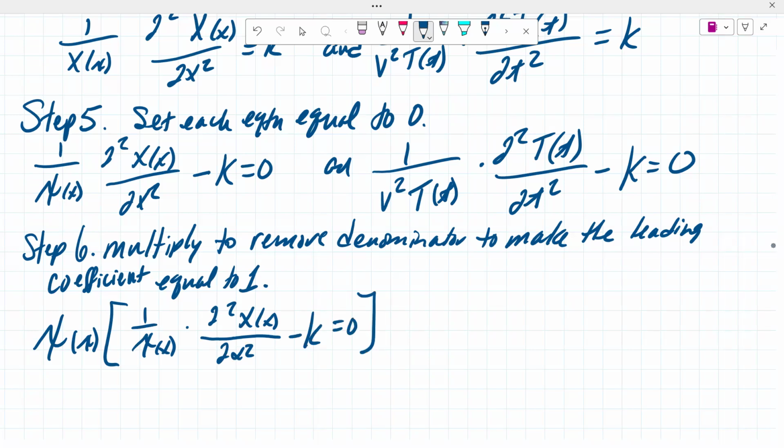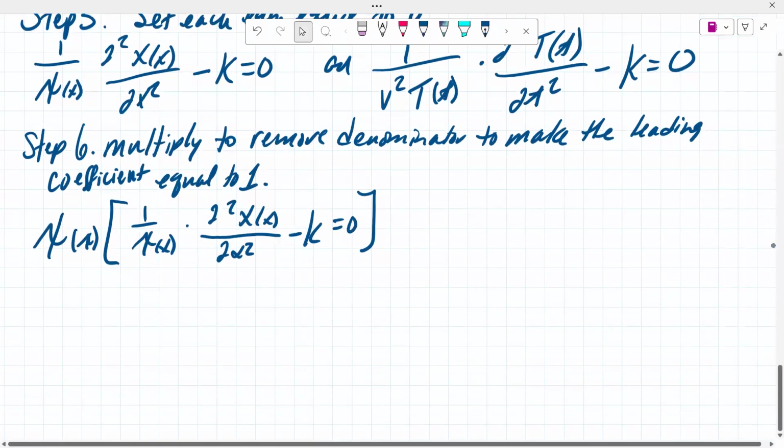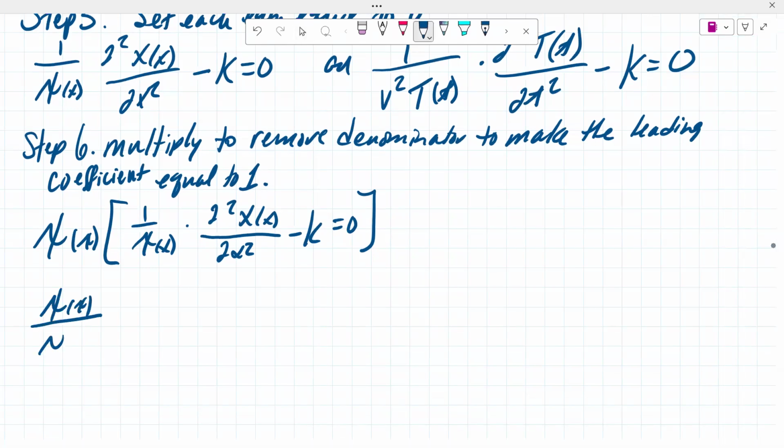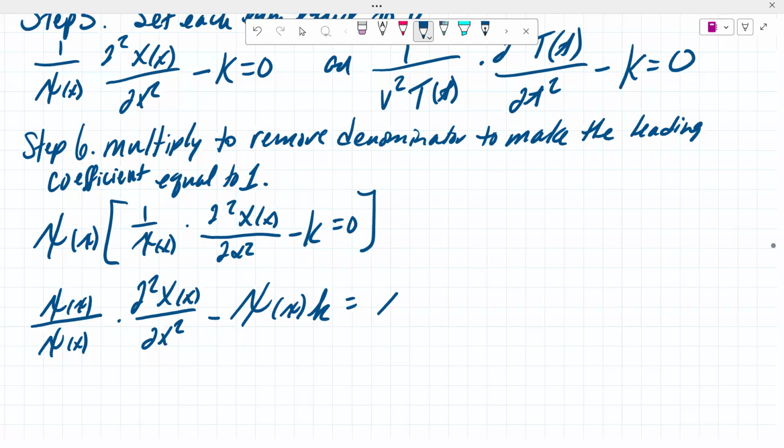And so then we'll distribute over this. So now we're going to do X of x over X of x times d squared X of x over dx squared minus, now distribute it out, right? X of x times k equals X of x times 0.